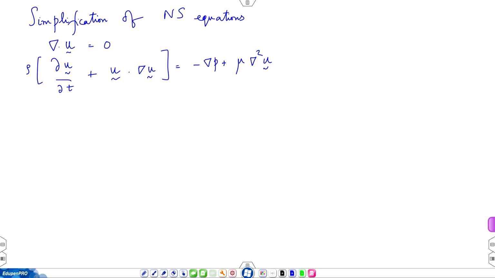Here the variables are in dimensional form. For example, u is in meters per second.